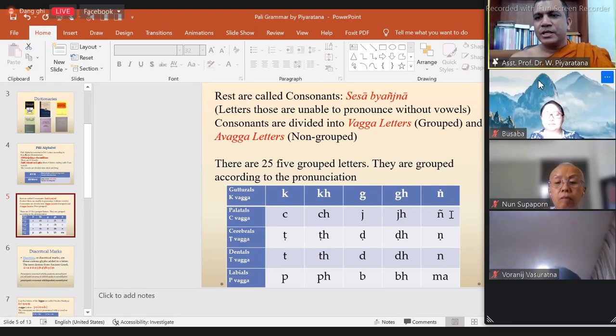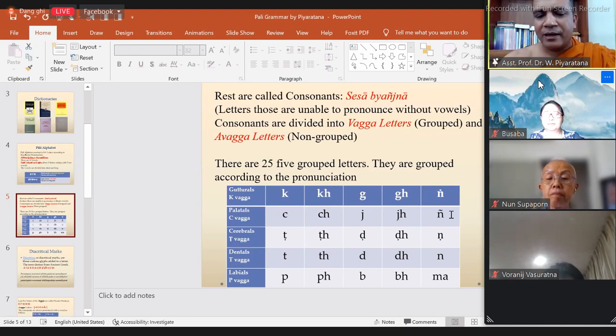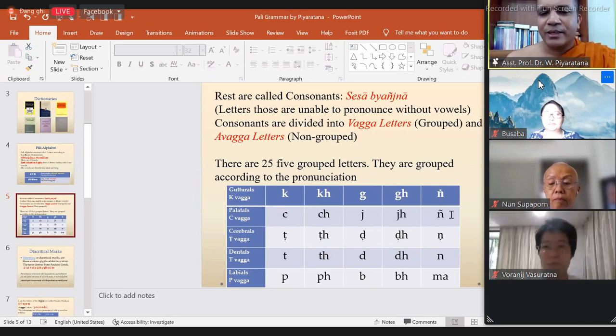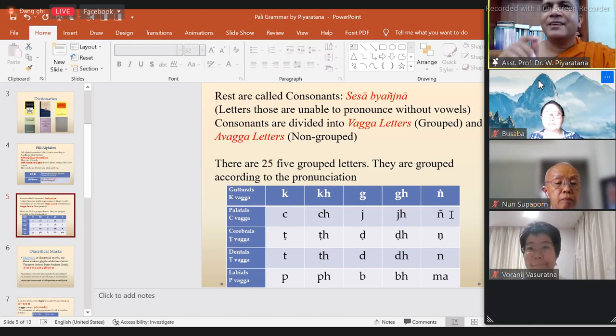Cakkhu means eye. Sota means ear. Ghana means nose. Jivha means tongue. Kaya means body. So these are called the 5 faculties, pancha indriya.